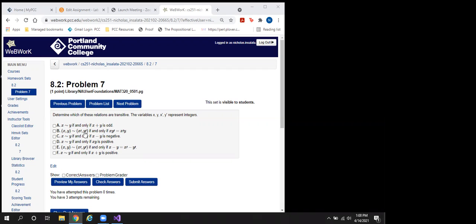Here we have pairs that are related if and only if x times y prime equals x prime times y. That one gets a little trickier with the notation.